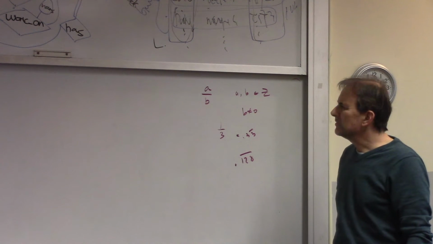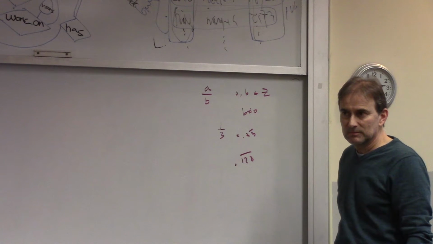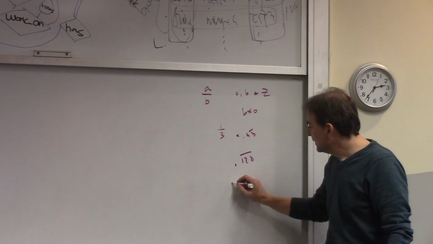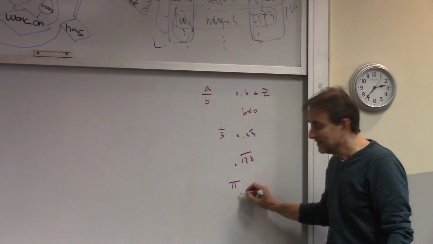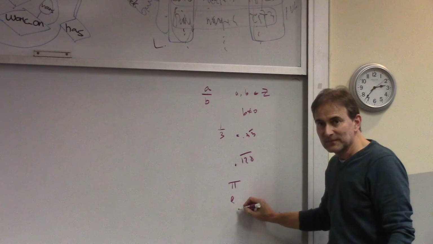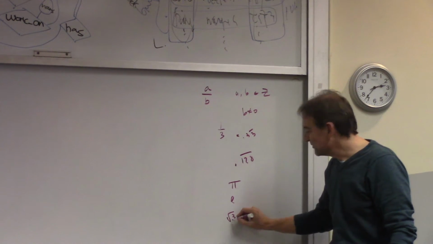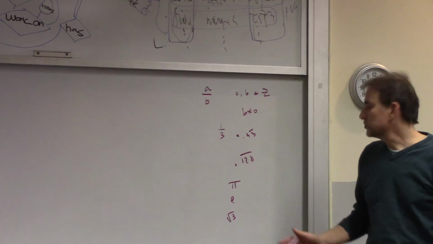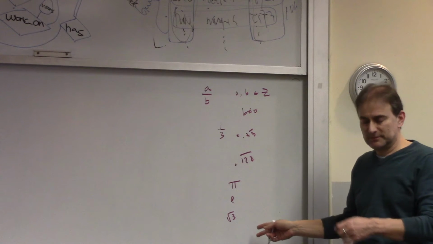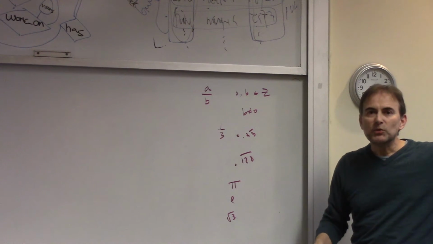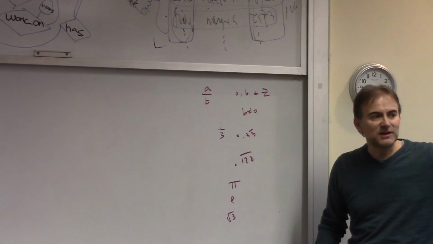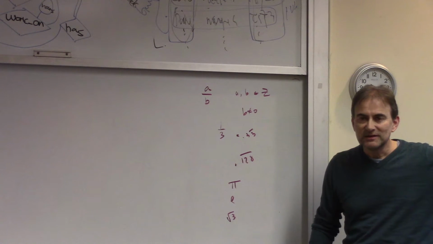Give me an example of an irrational number. So we can use pi, we can use the number e, or we can use the square root of 3. We know the square root of 3 is 1.73, but it does not terminate, it does not repeat.